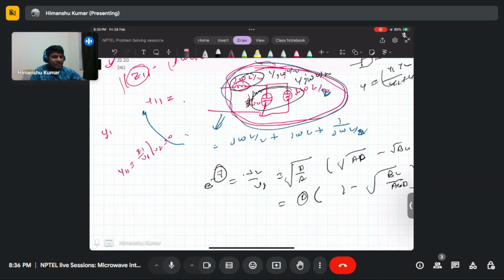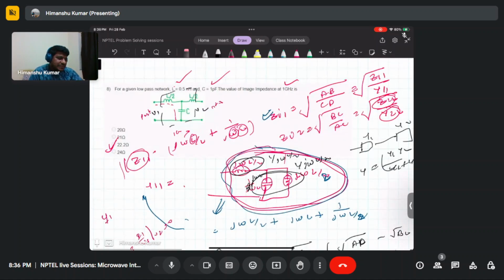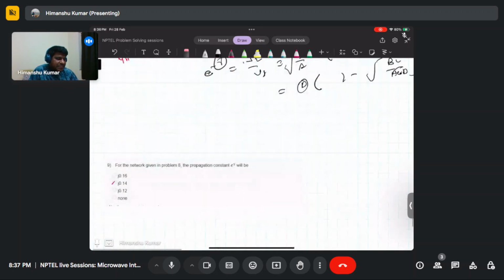First, the image impedance. The ABCD parameters are like that.